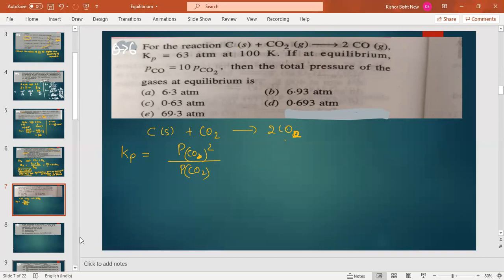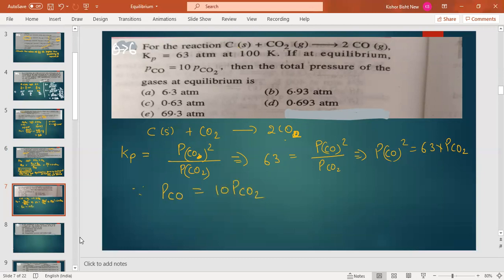Here Kp is given as 63. So 63 equals P of CO square upon P of CO2, which means P of CO square is equal to 63 into P of CO2. Now the second thing given is that P of CO is equal to 10 times P of CO2, so you can put this value here.